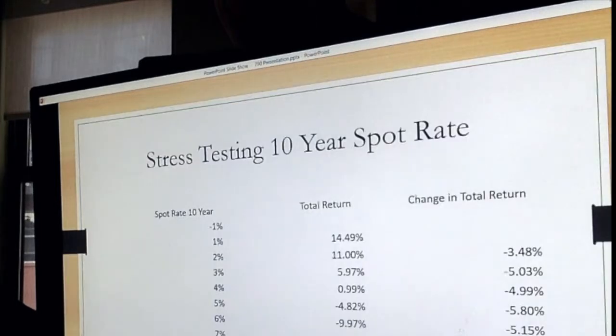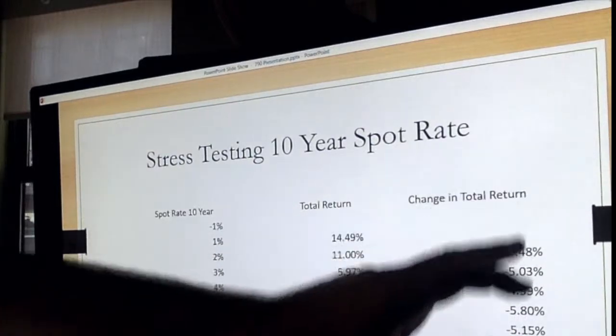And let's check the stress testing for the 10-year spot rate. Basically, it's not so different. Of course, we have negative correlation again, and I didn't include any negative numbers here because I don't believe it's realistic to have any negative interest rate prediction in 10 years. But I can say the duration is higher. So you see the change in total return.